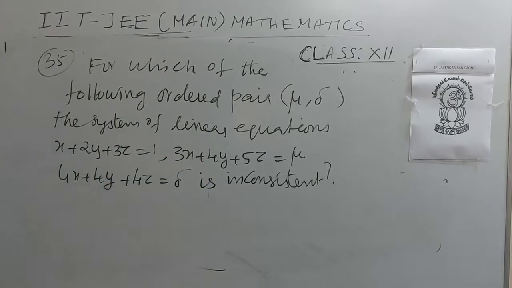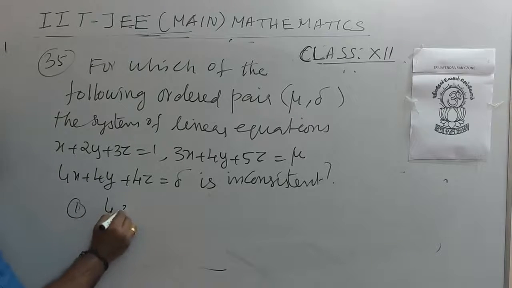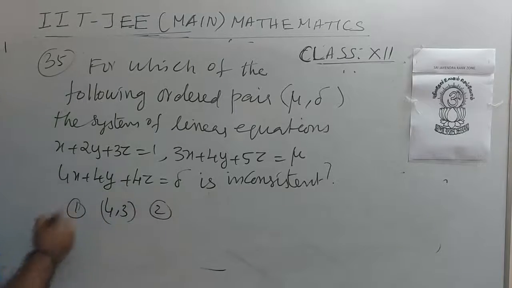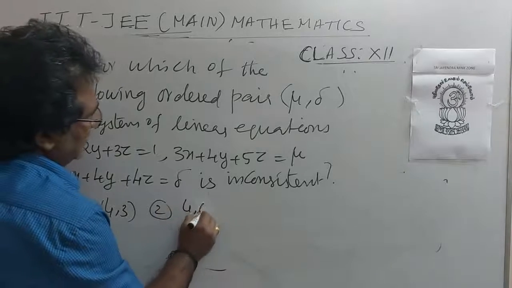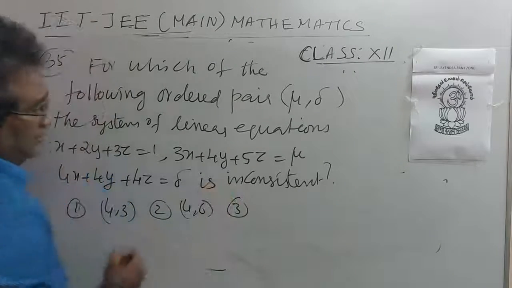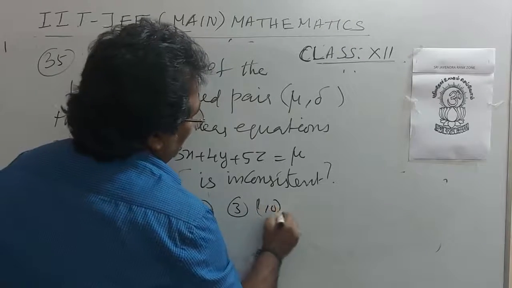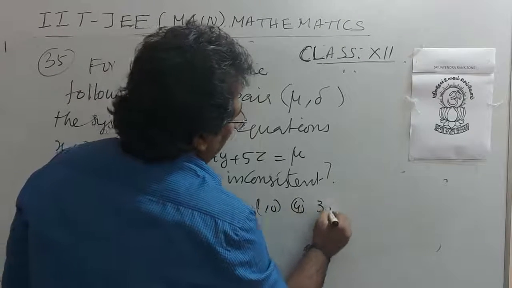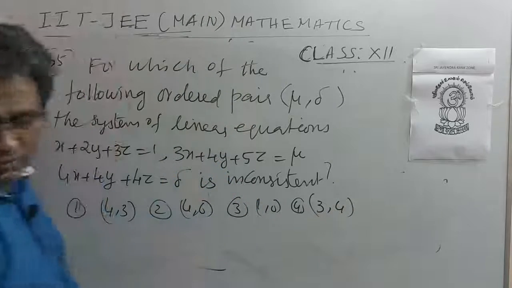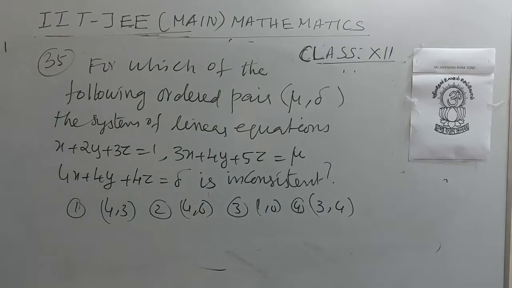That means the system has no solution. First option 4,3, second option 4,6, option 3 1,0, option 4 3,4.